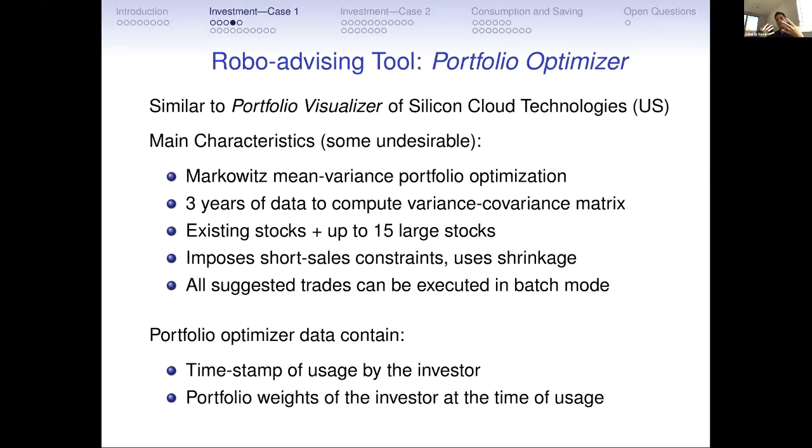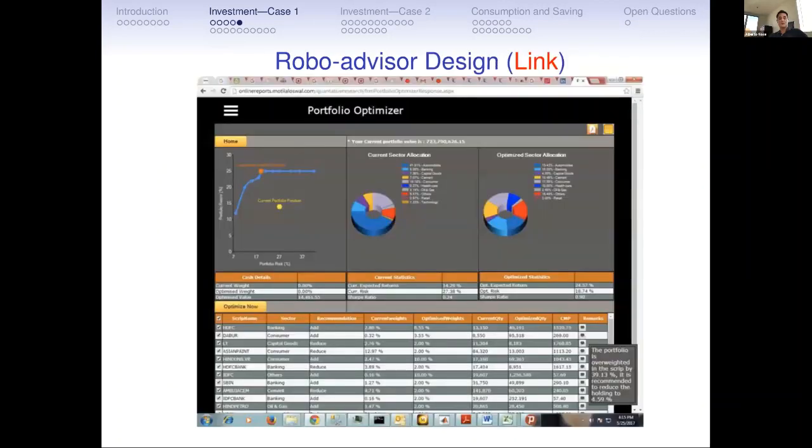As researchers, what we had access to is the individual investor's positions and all the trades, and also the timestamp of the usage by these investors. We see the portfolio weights before and after usage of the robo-advisor. This is a simple screenshot of how the optimizer works. As an individual, suppose you have 10 or 12 or 15 stocks.